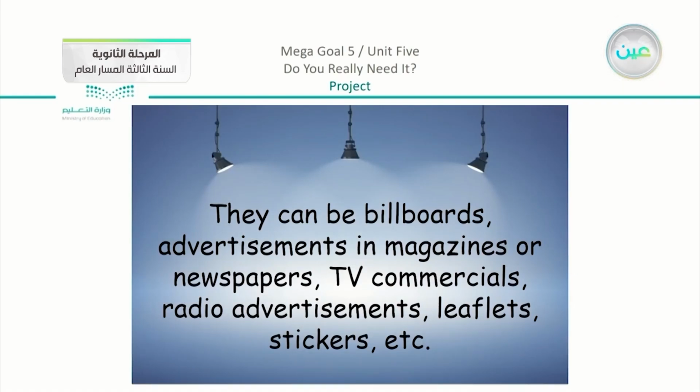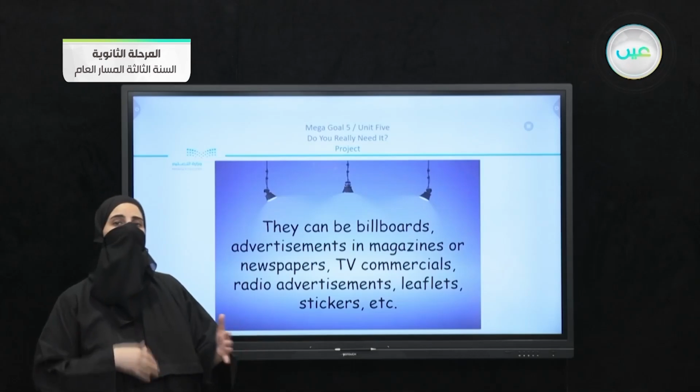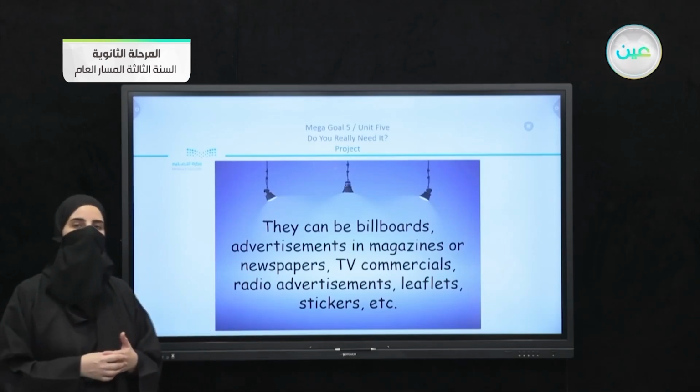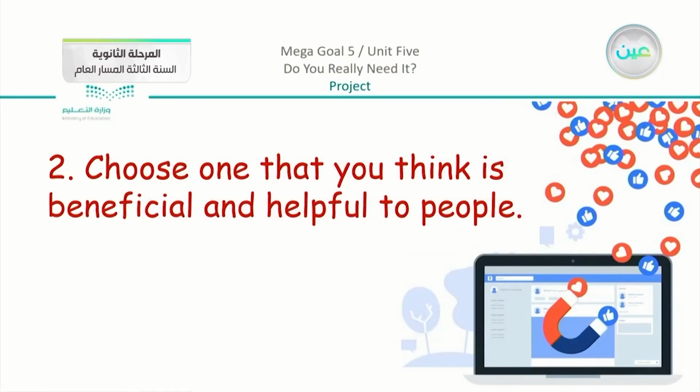So here, you have the complete freedom. You can think about different types of advertisements. They are not specific types. You can see them in different places. And once you have put in mind a type of advertisement here, you're going to just change it to something else. So we have agreed that we're going to choose a product or an advertisement, and you may have seen this advertisement anywhere.